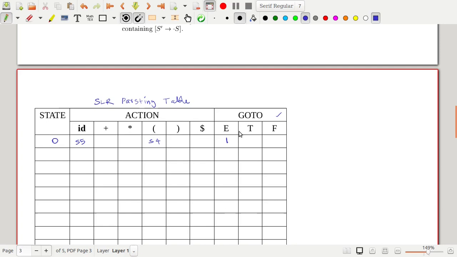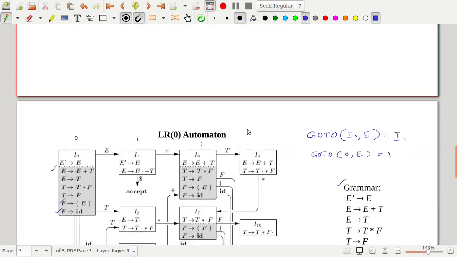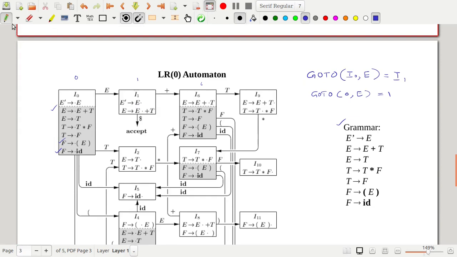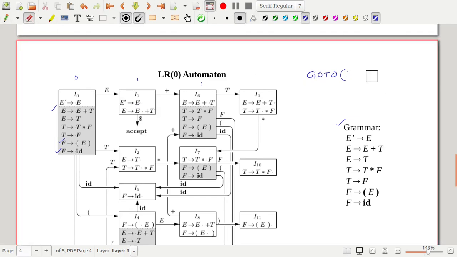Then we can consider the case for the non-terminal T. In the case of non-terminal T, this is the transition. We will reach into I2. So go to of I0 comma T gives I2.